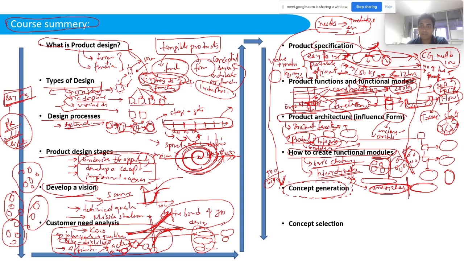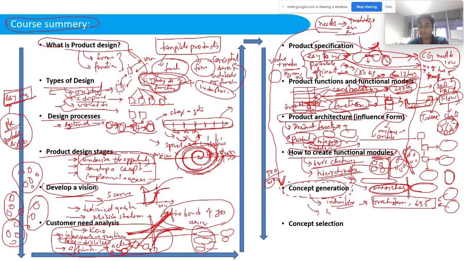For that, we use a systematic approach. We use concept generation methods, the intuitive methods we discussed, like brainstorming, and considering references and information from various sources to ideate concepts.